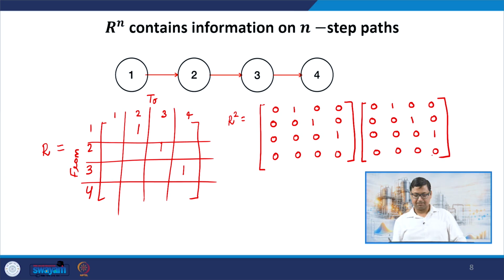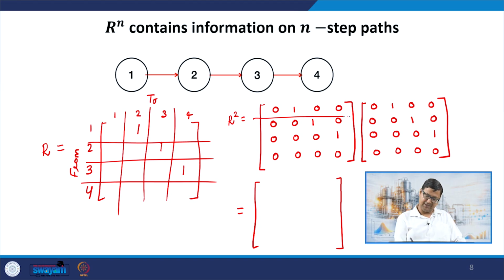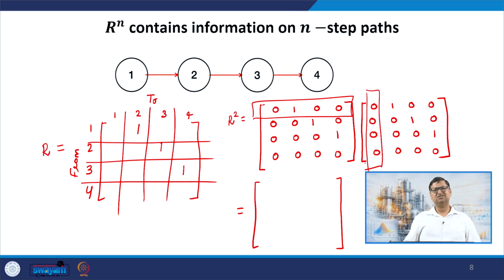And you see what is this going to be? The first element will come from multiplying the first row with the first column, but the first column contains all zeros, right? So therefore, it is going to be 0 here.